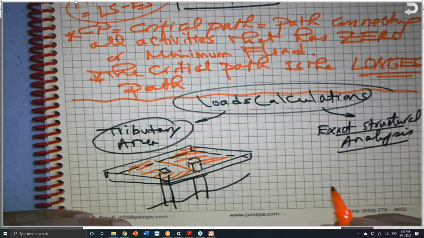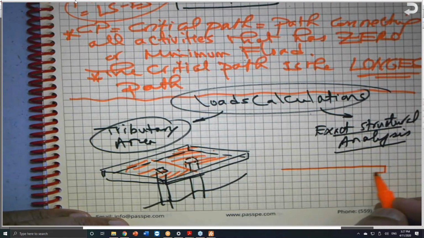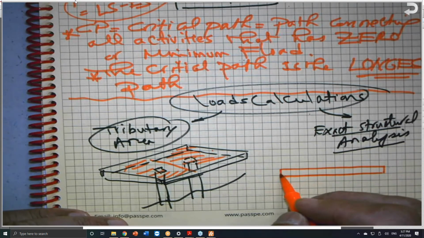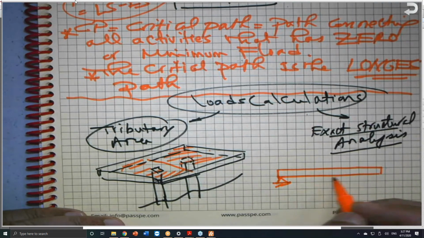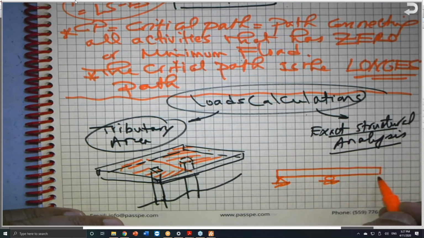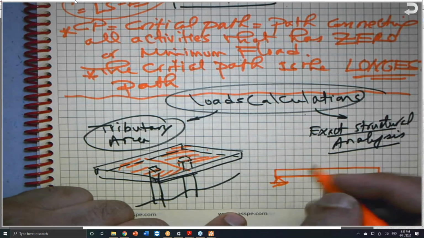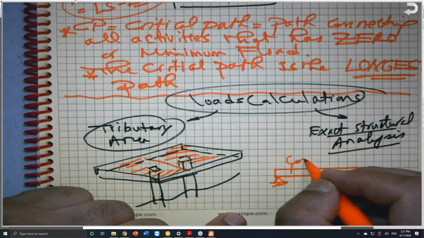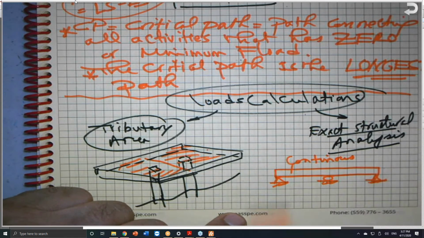If you have a continuous beam, it means a beam extending over more than one column. I have a support here, and a support here, and a support here. Could be a roller, could be a hinge. So this is continuous.